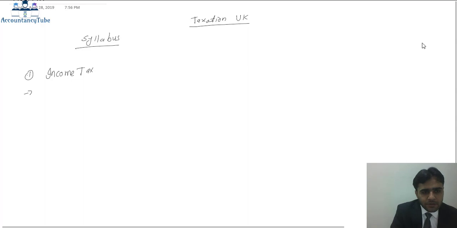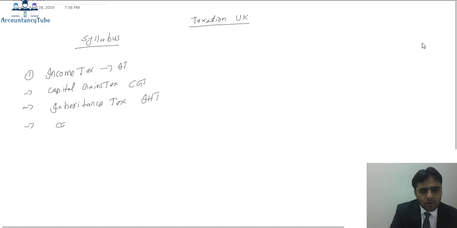Then we will look at capital gains tax, sometimes known as CGT. The third one is inheritance tax, sometimes known as IHT. After that, we have corporation tax.